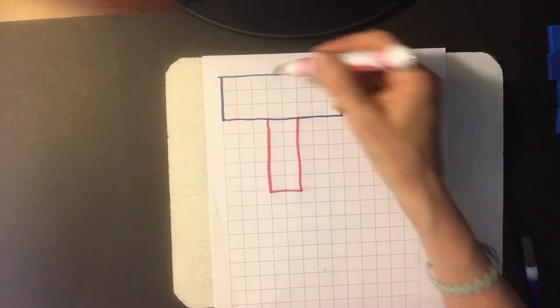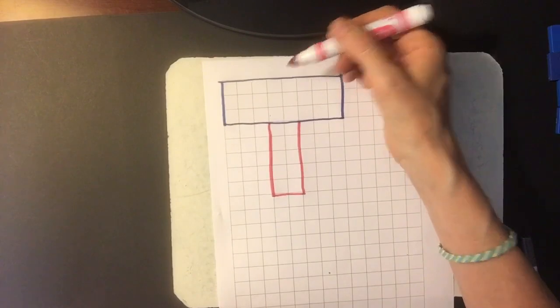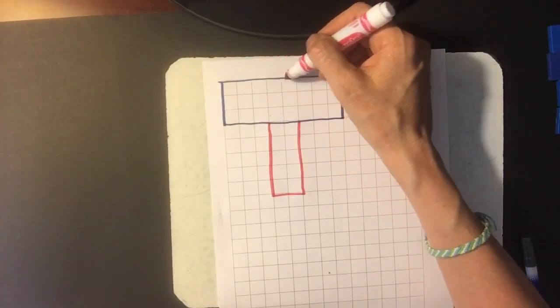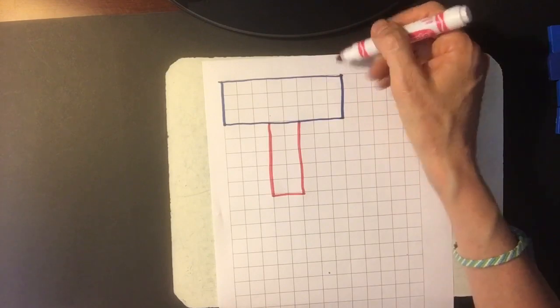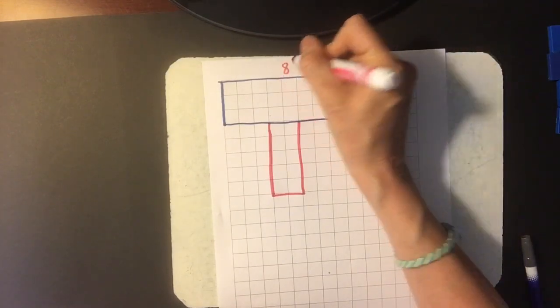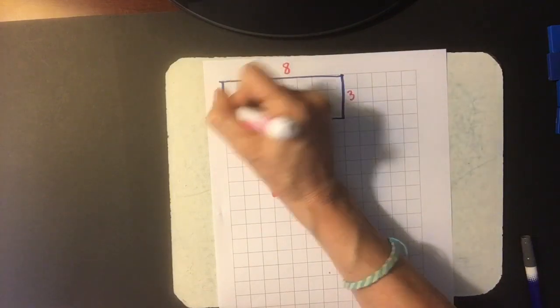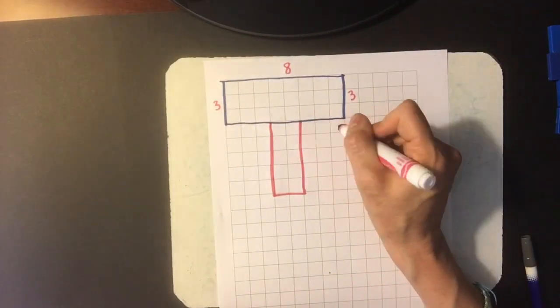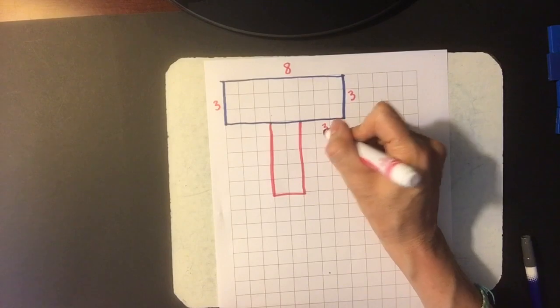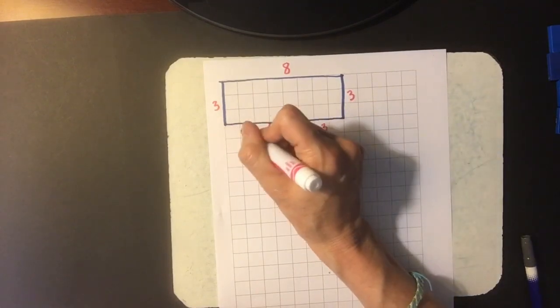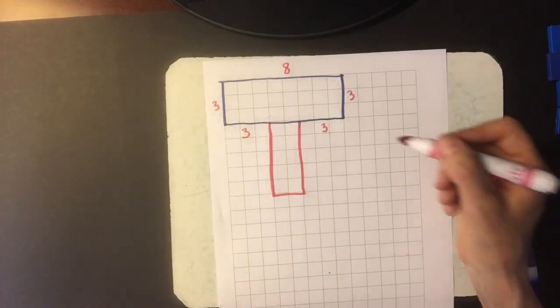So what I would do is I would go ahead and do what I just did on the whiteboard, where I'd count 1, 2, 3, 4, 5, 6, 7, 8, and count up the sides. This one's 3 and this one's 3, right? And then over here I can see that there's a 3 going here, 1, 2, 3, and 1, 2, 3. So I made mine pretty symmetrical.